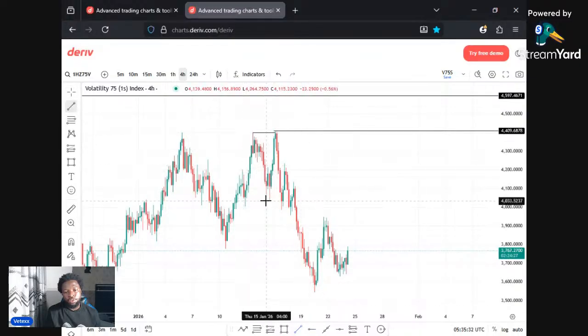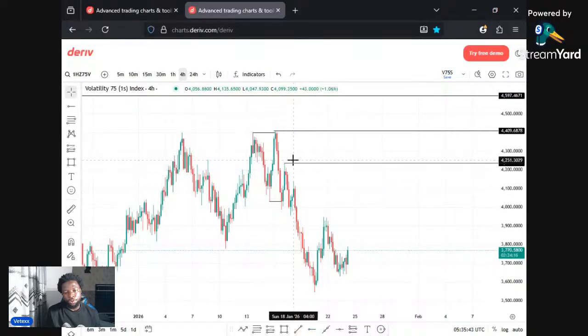We have our first break of structure, which is this. Price retraces 50% to give us our structural liquidity, which is this. Rule number 3. Rule number 4, price takes out the newly created low, giving us our second break of structure, which is this.